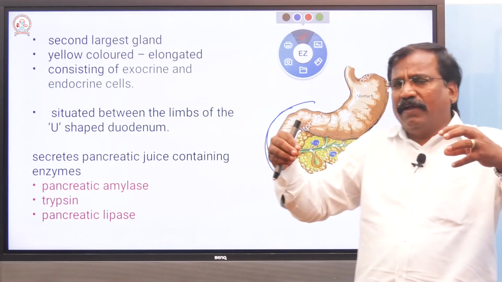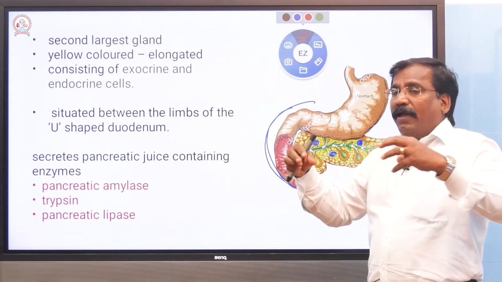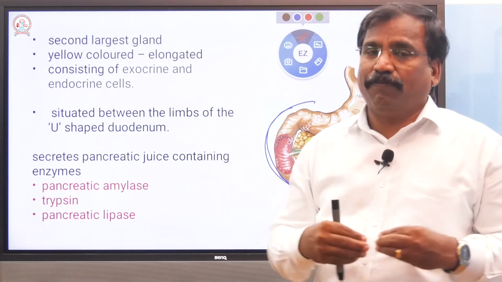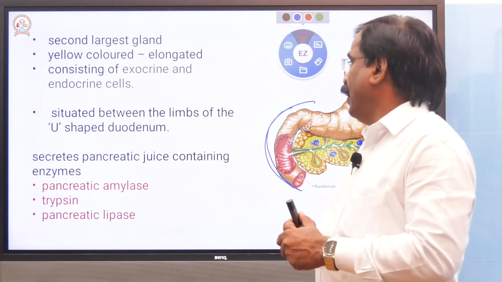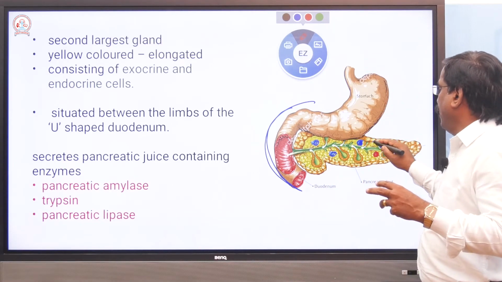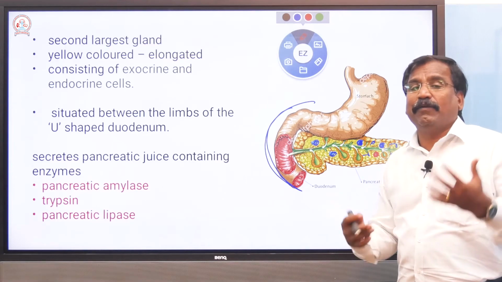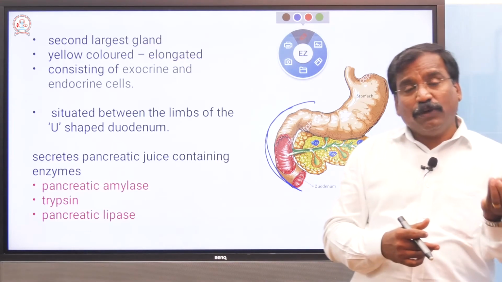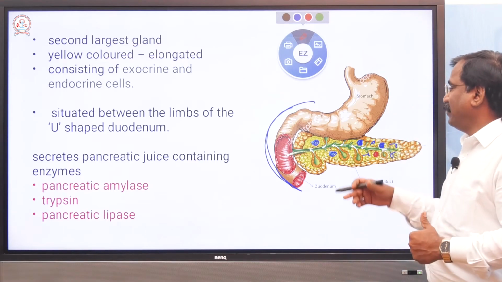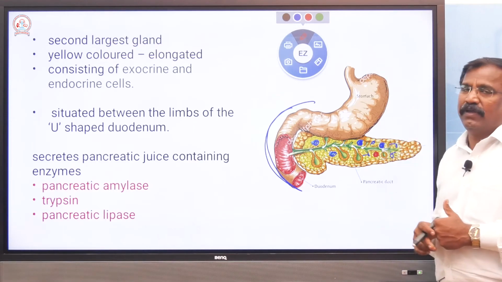Islet means patches, like an island, distributed like islands. So in the exocrine pancreas, the endocrine cells are called islets of Langerhans.